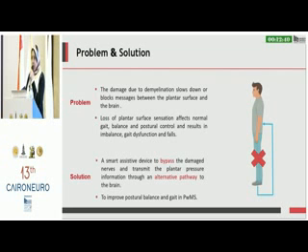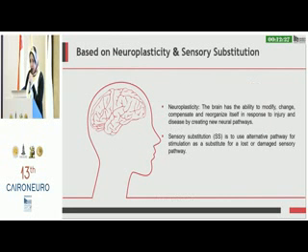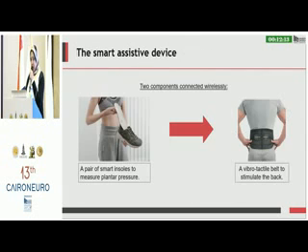The solution proposed here is a smart assistive device to bypass the damaged nerve and transmit plantar pressure information through an alternative pathway to the brain to improve balance and gait. Due to neuroplasticity and rehabilitation, the patient will be able to use their back muscles instead of the foot sole.